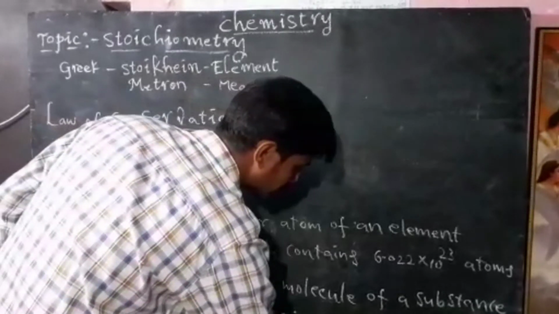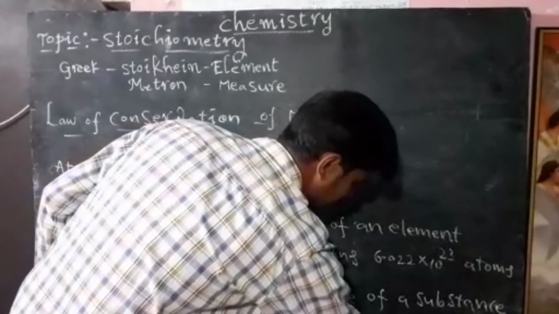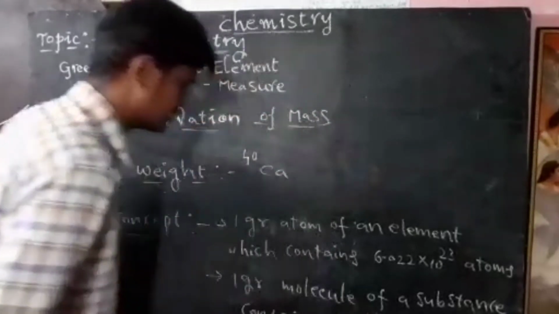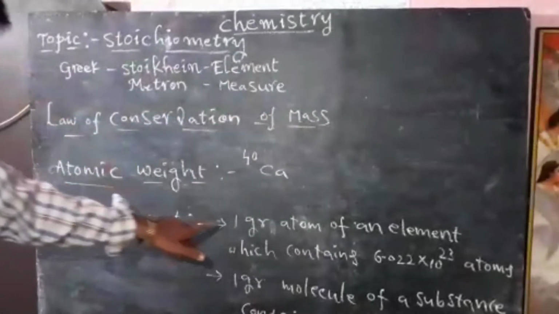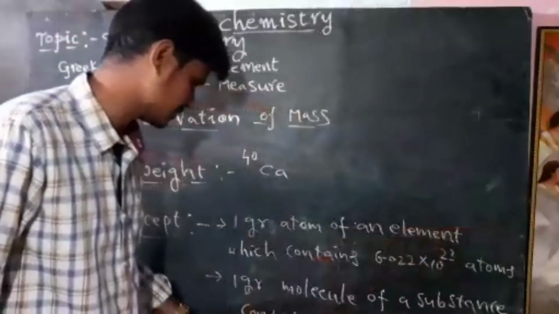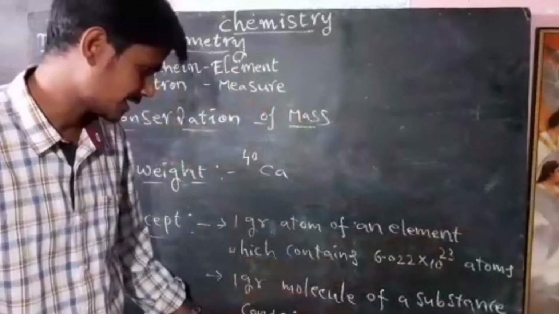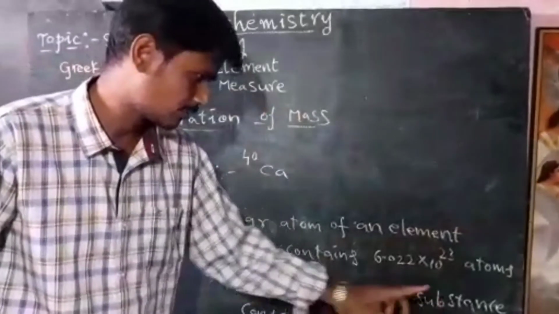In the same way, 1 gram molecule of a substance contains 6.022 into 10 to the power of 23 molecules. Students, 1 gram atom contains 6.022 into 10 to the power of 23 atoms, and in the same way, 1 gram molecule of a substance contains 6.022 into 10 to the power of 23 molecules.